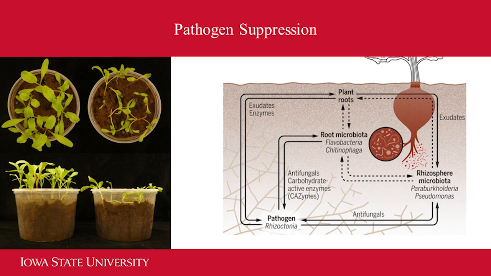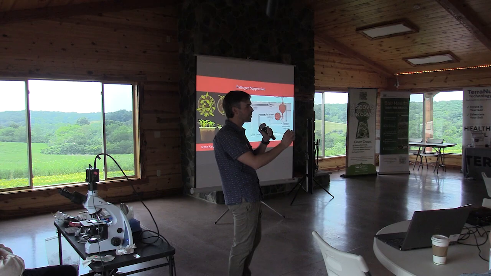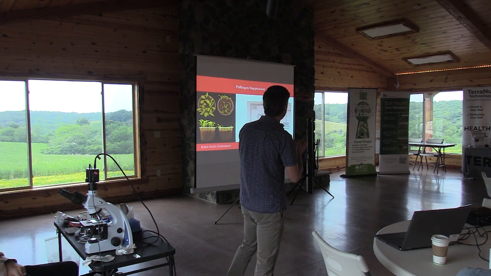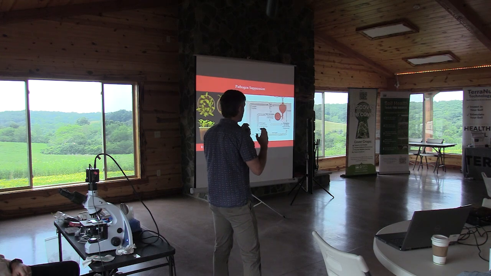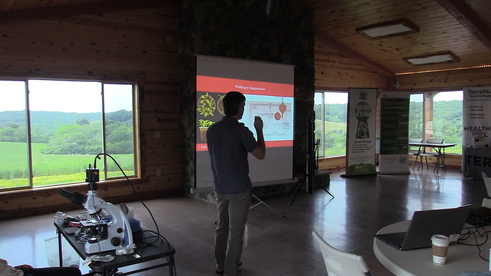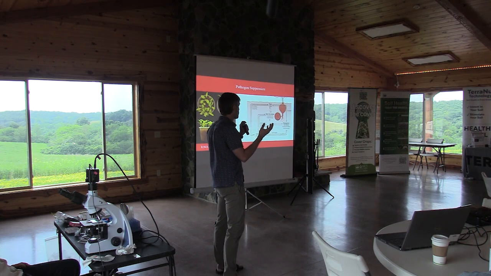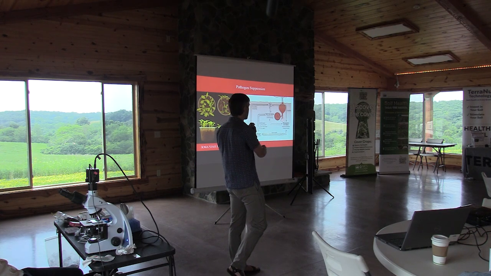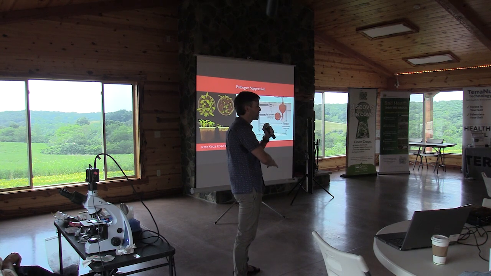So you might hear the word rhizosphere. That's the area around a root that's influenced by the plant itself. It's the volume of soil that the plant exudates are influencing. That's what we call the rhizosphere. It's a really biologically rich area. If the right bacteria are present, the plant can send signals to those bacteria, and because they're working together, those bacteria can produce antifungals that suppress the incidence of pathogens.